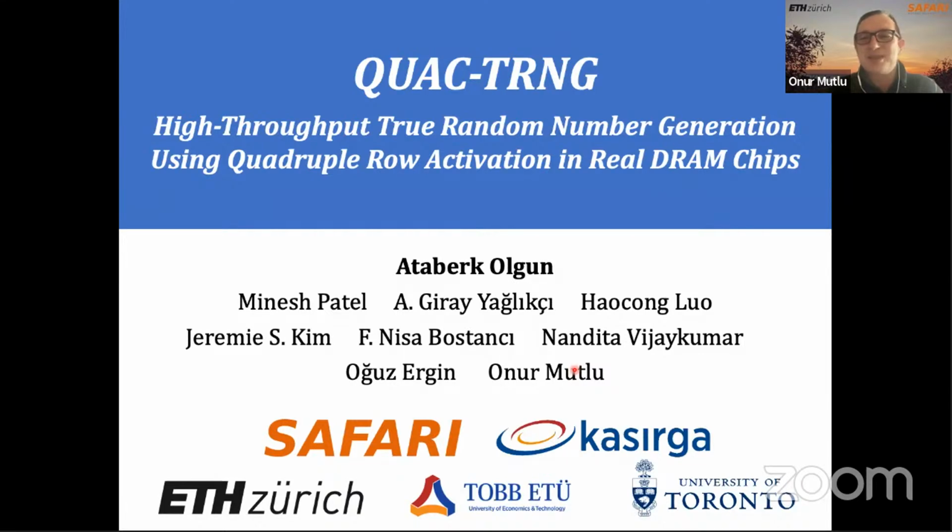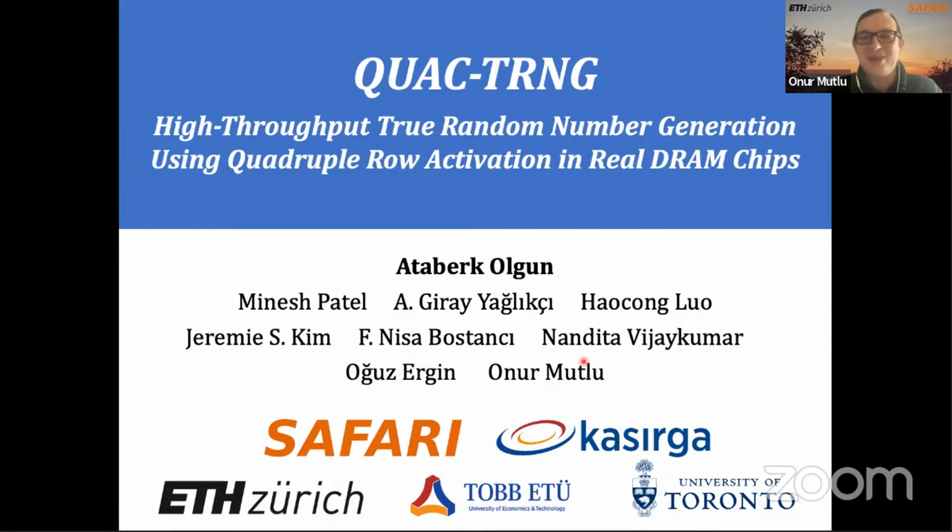We're going to start with Ataberk Olgun, who is going to present QUAC-TRNG, which is a new method of generating true random numbers using analog operational properties of real DRAM chips. Ataberk was an intern at Safari for some time.